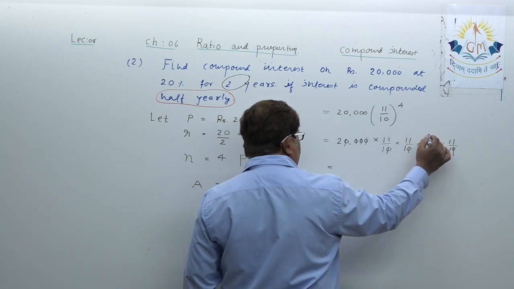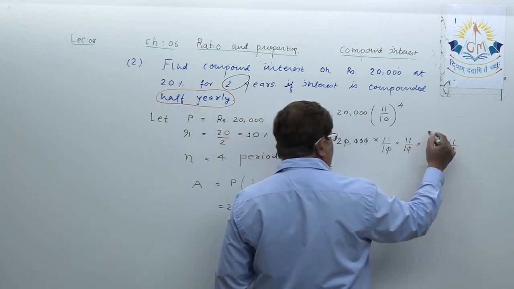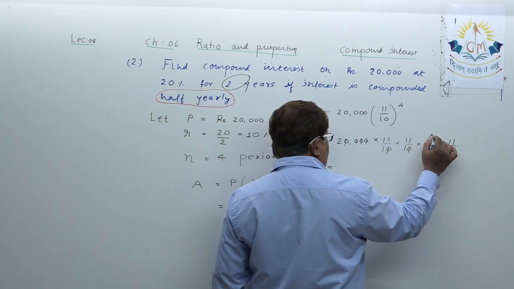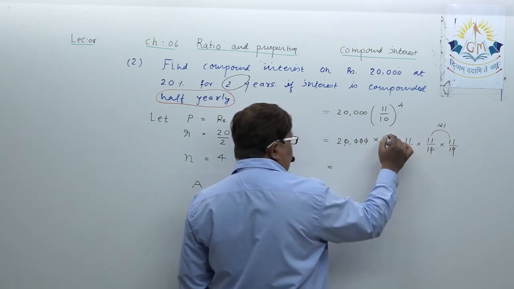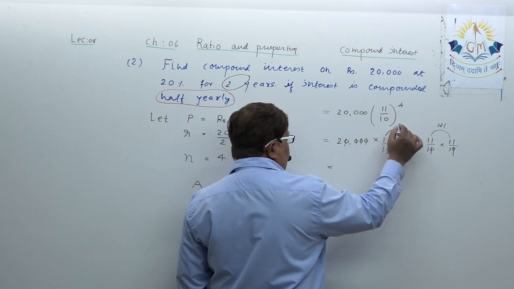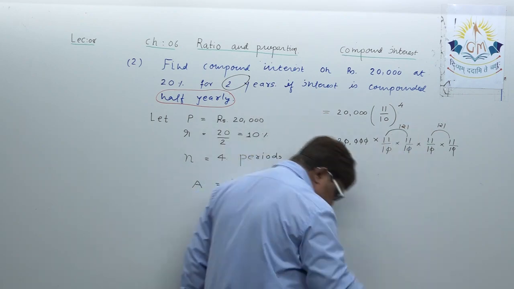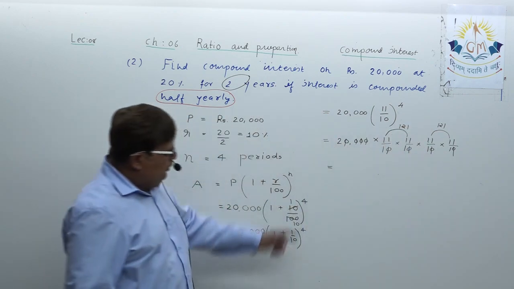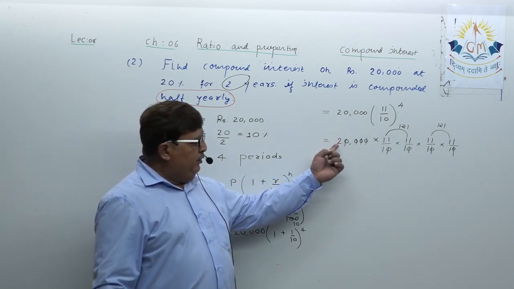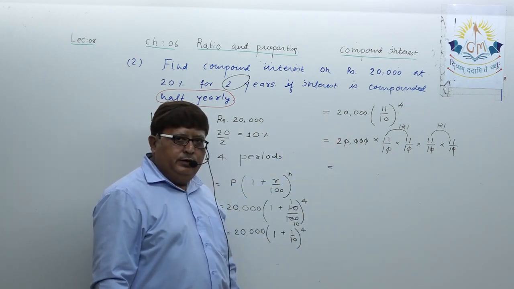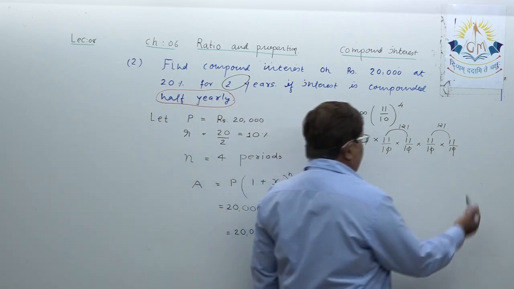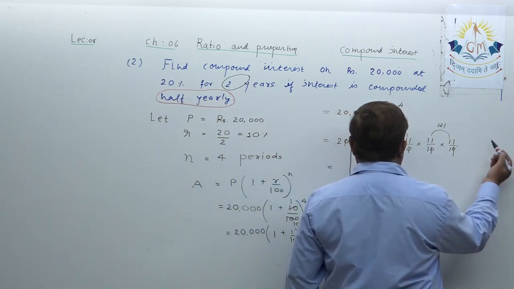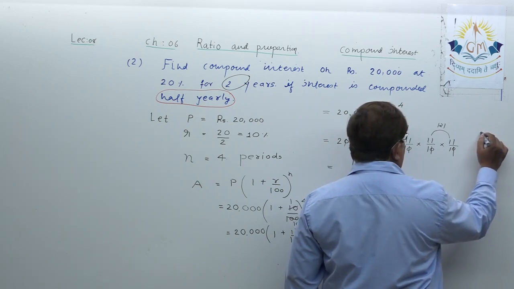Mark one thing, 11 into 11, that is 121. Again 11 into 11, 121. So simply 121 into 121 into 2. You understood?